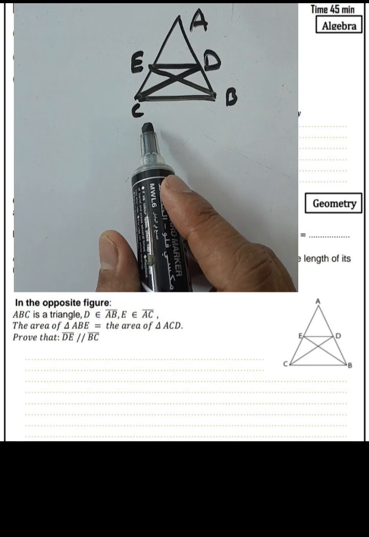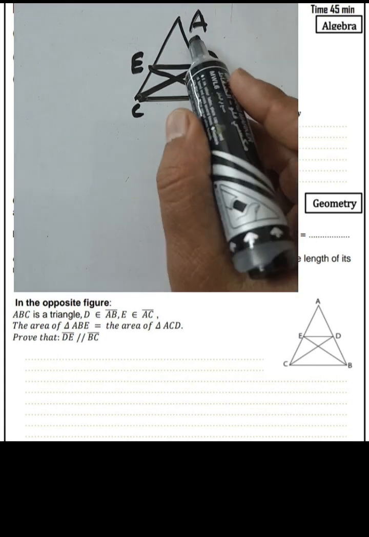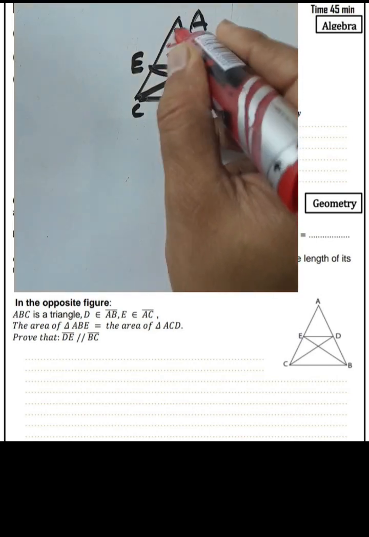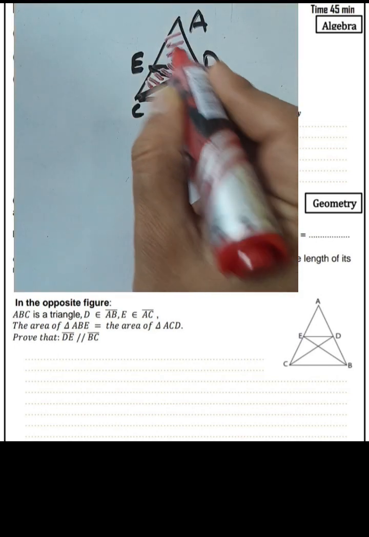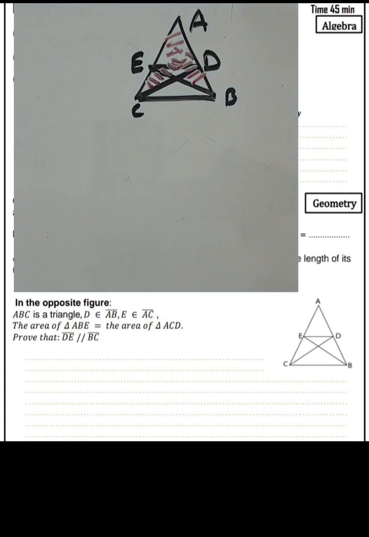He gave us the area of triangle ABE equals the area of triangle ACD.